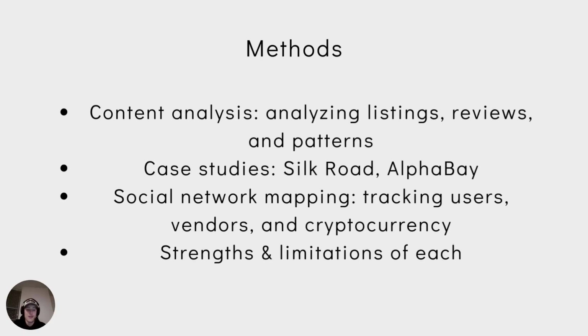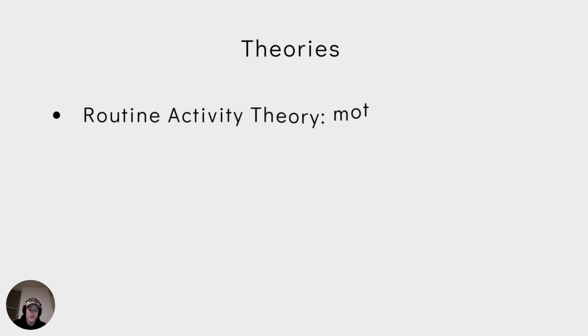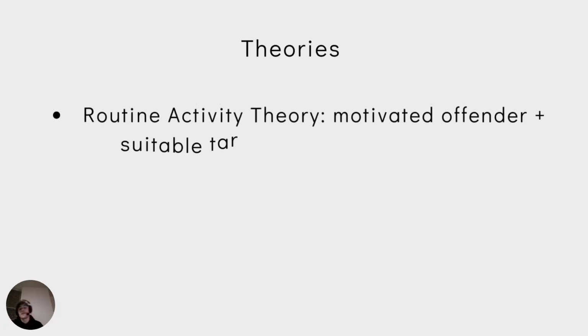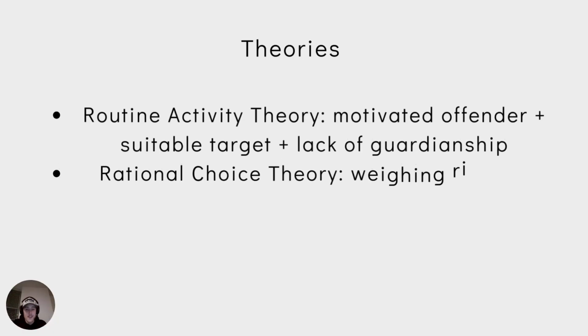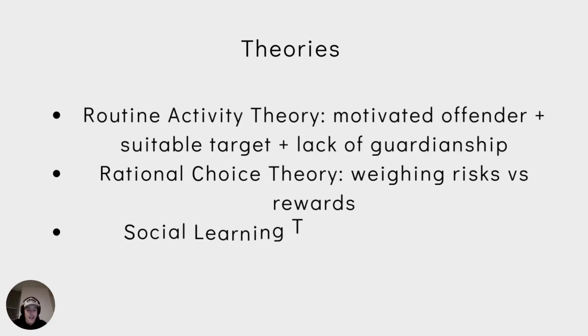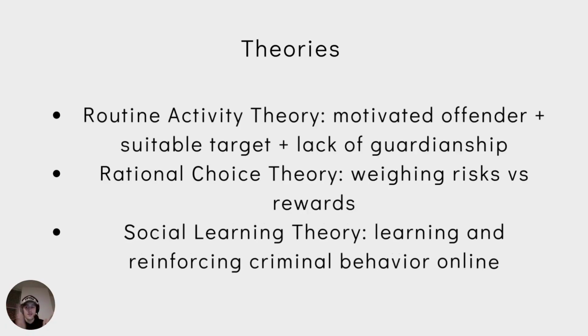Social learning, I'll go back on that. It's pretty important: learning and reinforcing criminal behavior online. So this means that people are normalizing the actions that they're committing. Selling illegal weapons, selling body parts, selling anything that can be directed as illegal is being reinforced as normal and good, which shows positive feedback to other people.